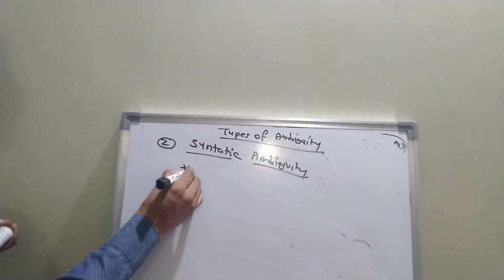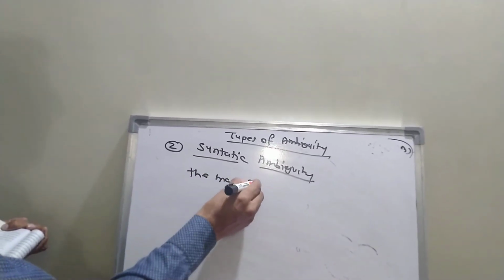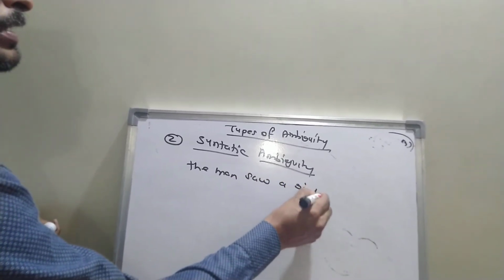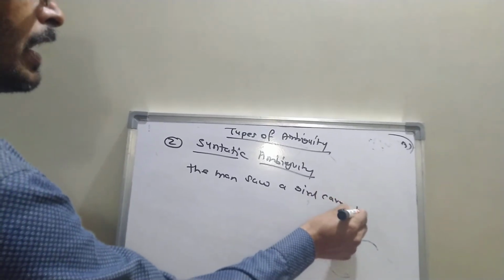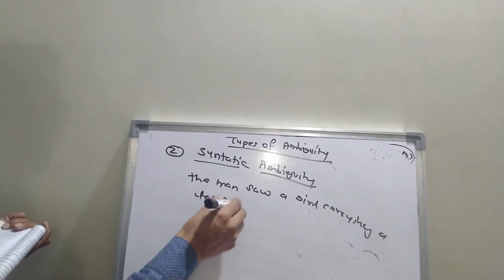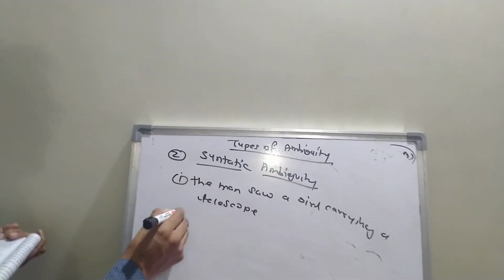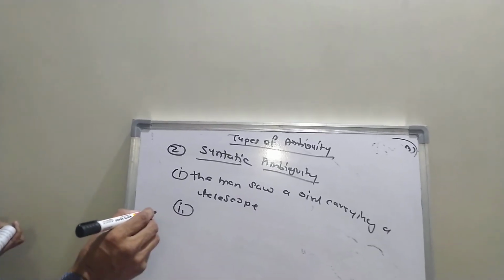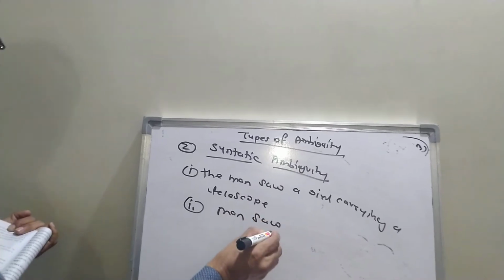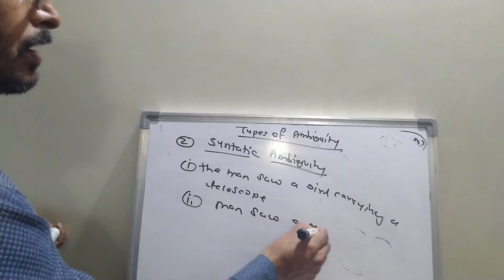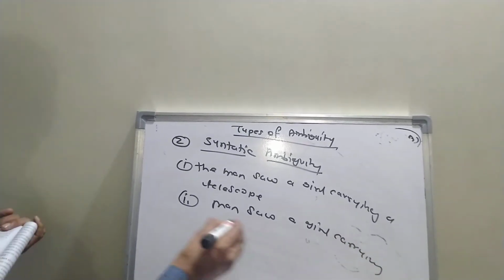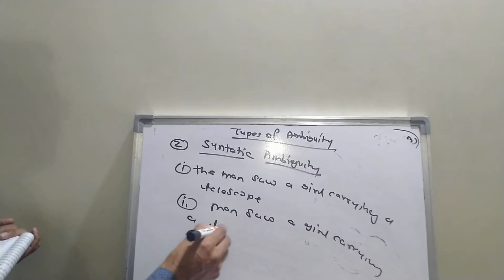The man saw a girl carrying a telescope. And the second example: the man saw a girl carrying a telescope.